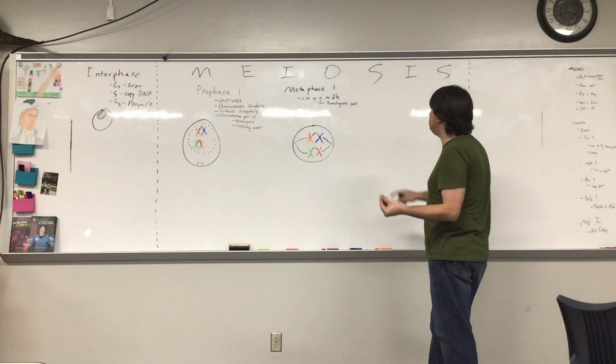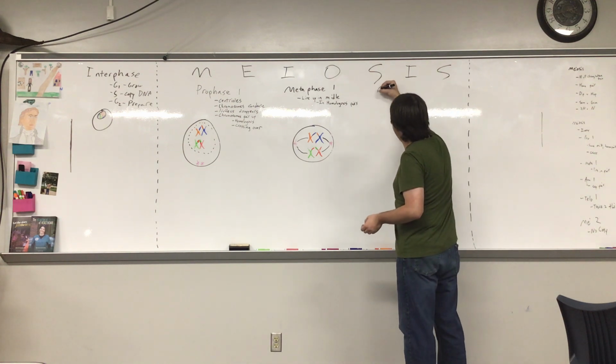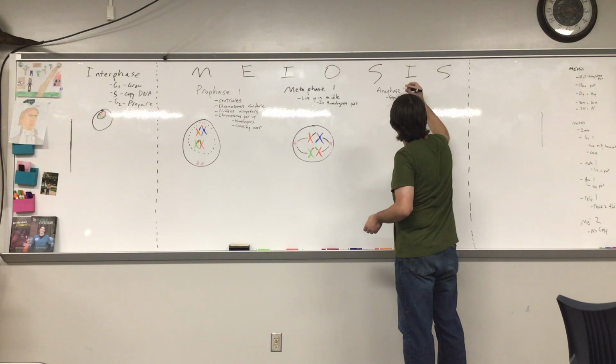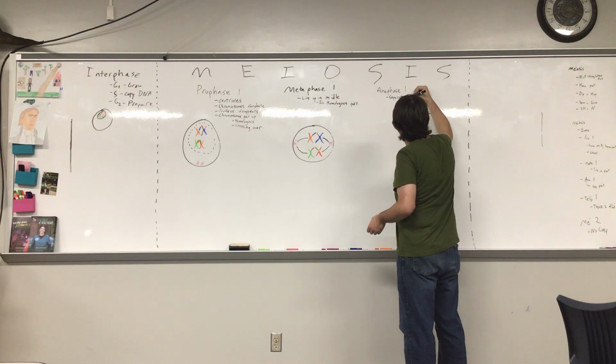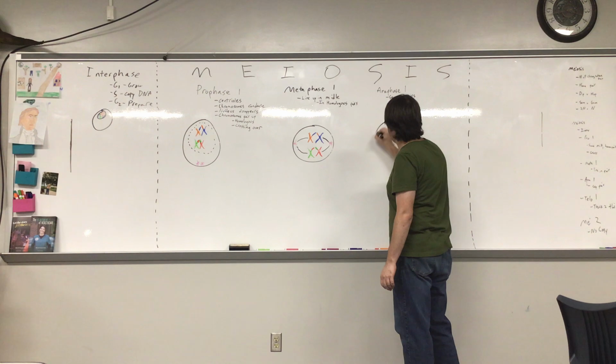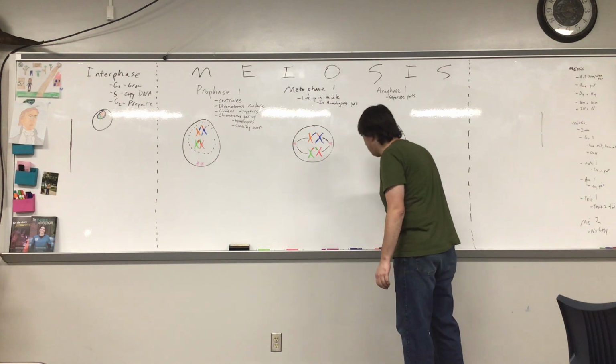That is important because when we move to anaphase 1, we only separate the homologous pairs. We are not breaking those X's apart.